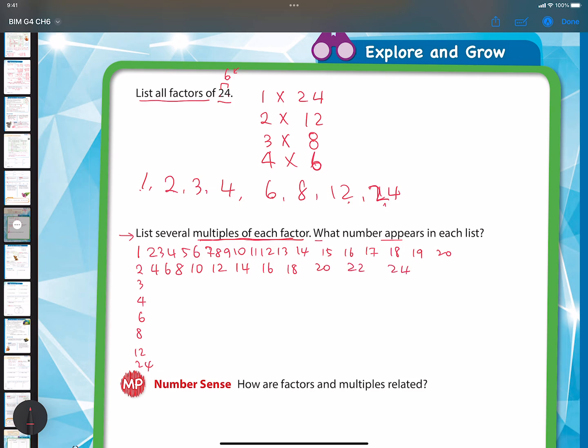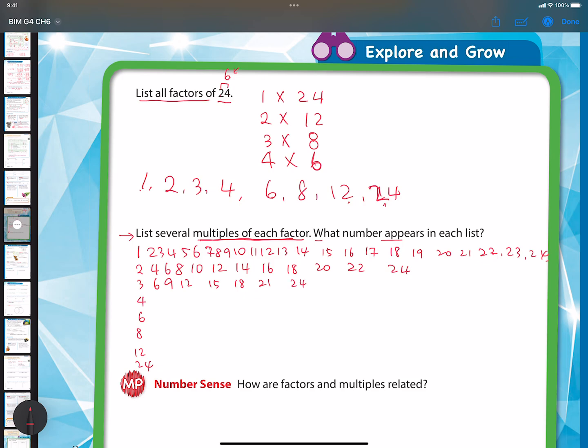Okay, let's go up to 24. And then multiples of 3: 3, 6, 9, 12, 15, 18, 21, 24.